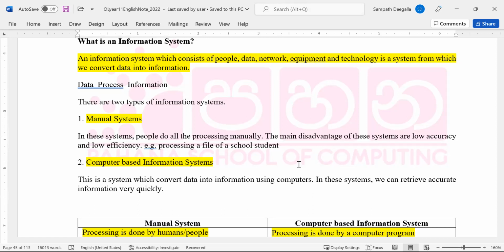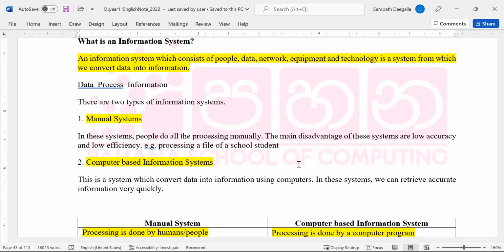In a manual system, especially, some of the schools operate manually, meaning everything is recorded. The information requirements are recorded manually by humans. So we will create files, folders, and put them into cupboards and so on. Right?